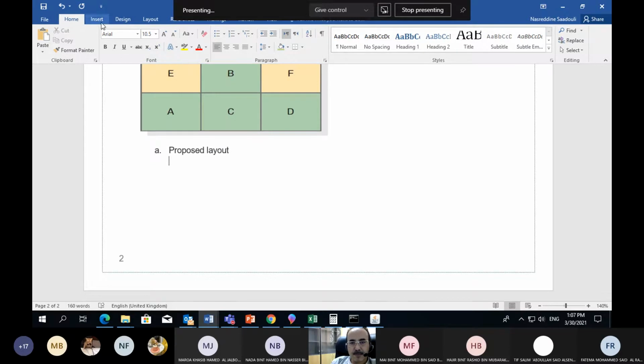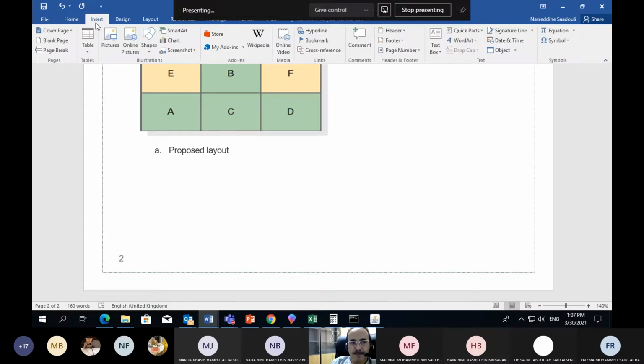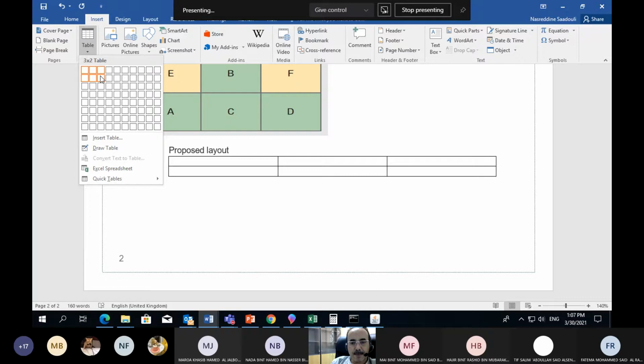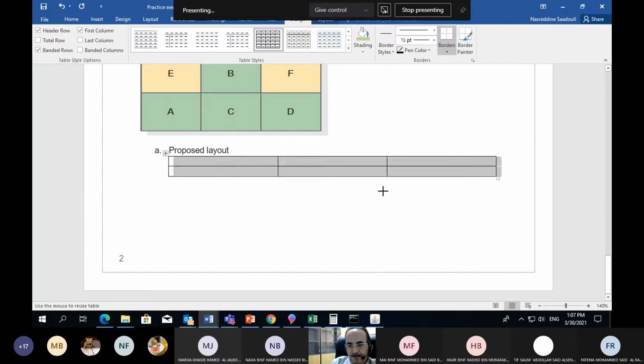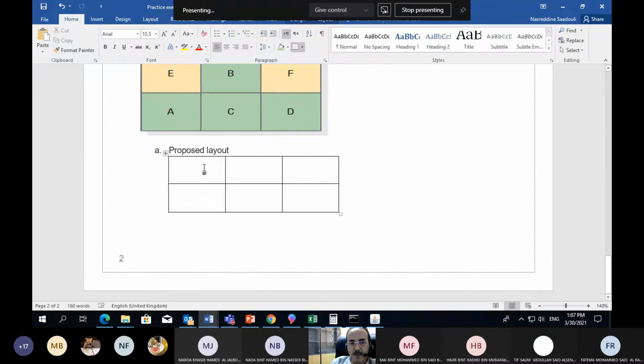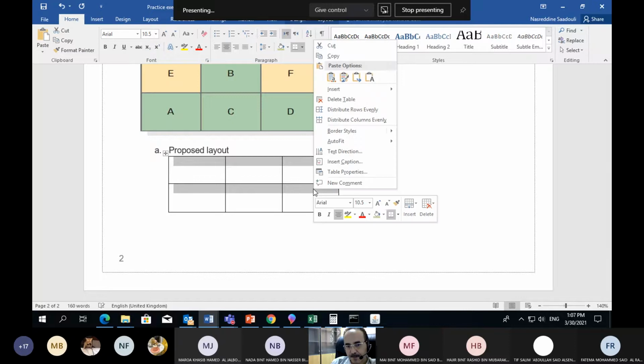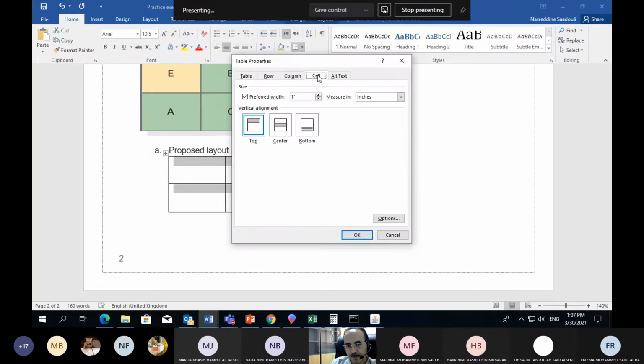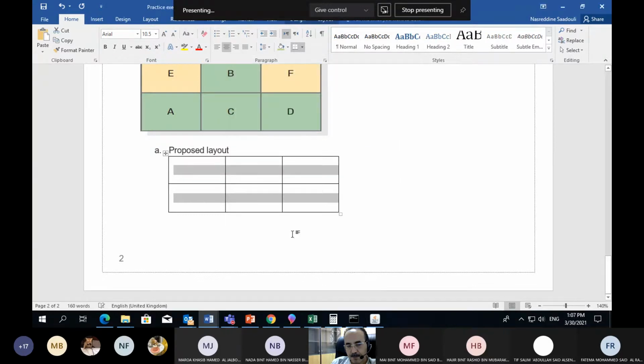How are we going to do that? Well, for E and F, we are told that these must remain where they are. So E and F must remain here.